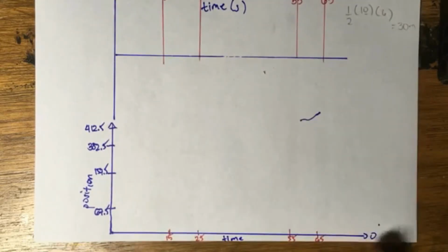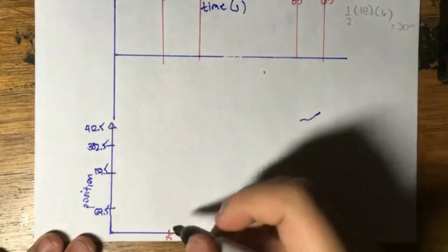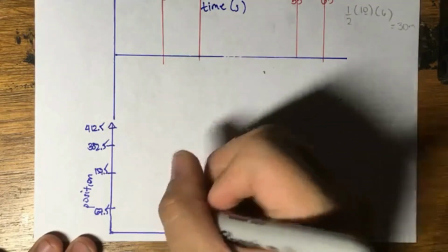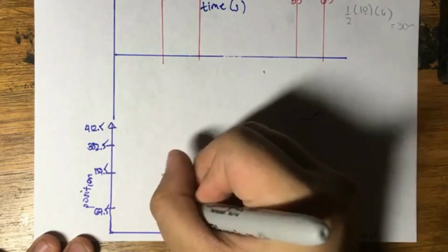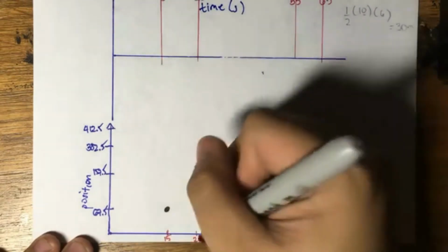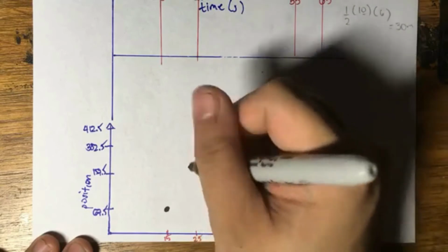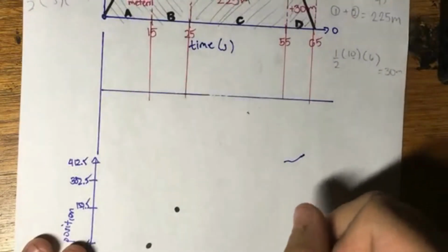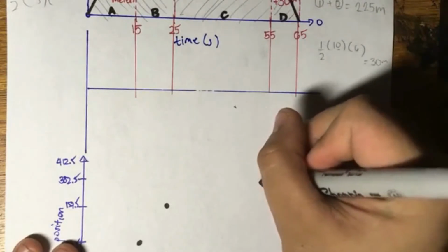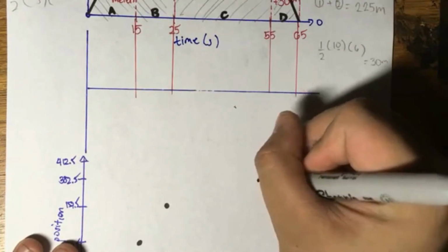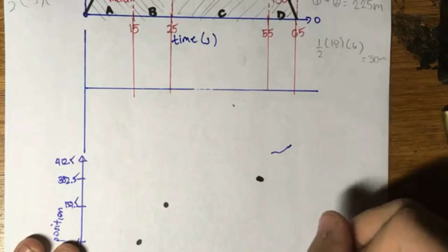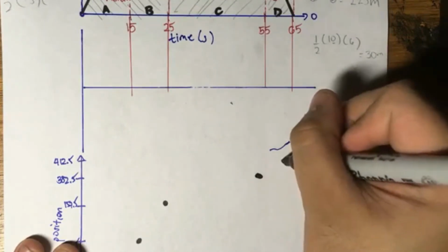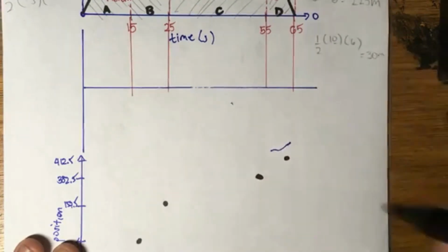Now I have to plot the points per second. Segment A ends after 15 seconds at 67.5. B ends at 25 seconds at 157.5. For C, it ends at 382.5, so I'll put it right around here. And for D, it ends at 65 seconds, 412.5.